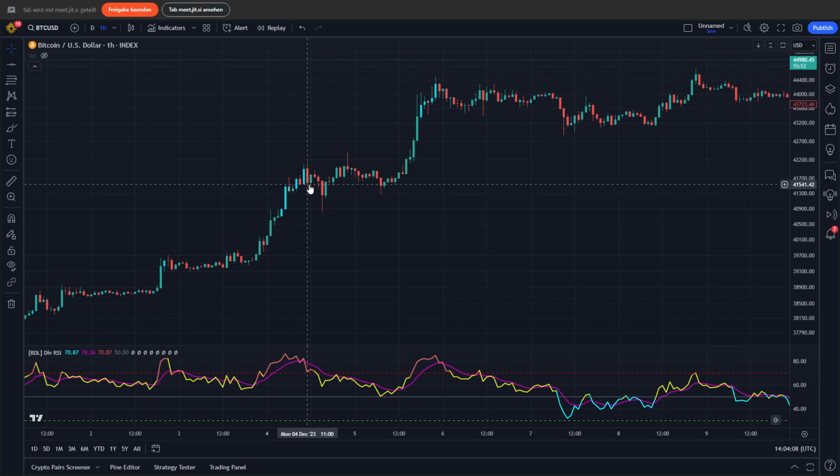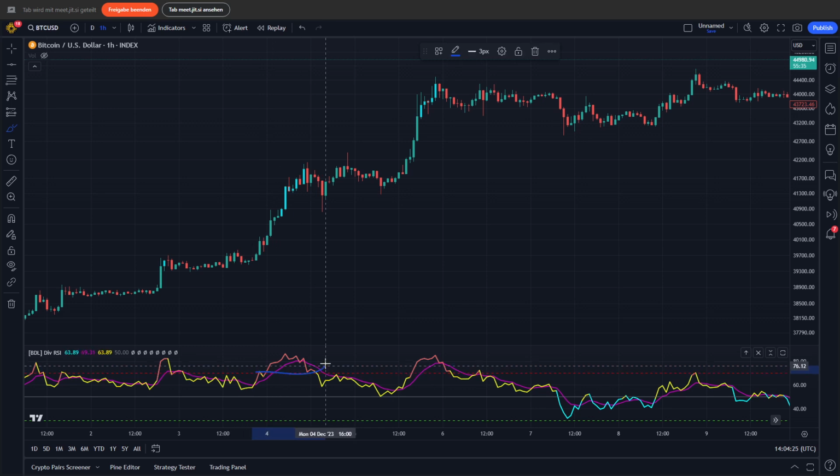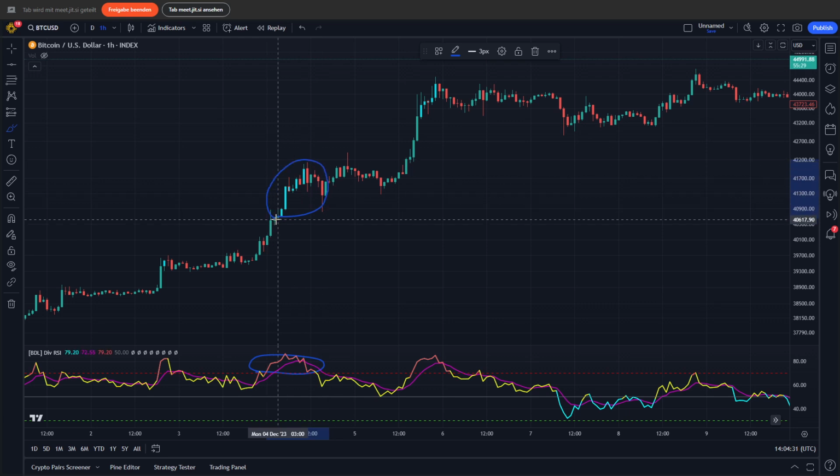Because we use the 70 and the 30, once the RSI comes into the 70 zone, you most likely would have a decent period where the RSI stays there. So you can use that momentum to either take a long position, or in the bearish situation, take a short position.